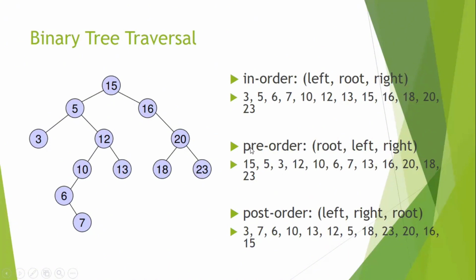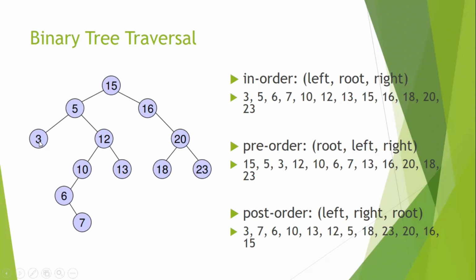For printing as pre-order, which moves from root, left, to right, it starts from the root, which is 15, then going to the left, 5, then 3.